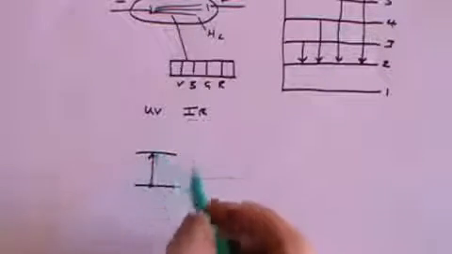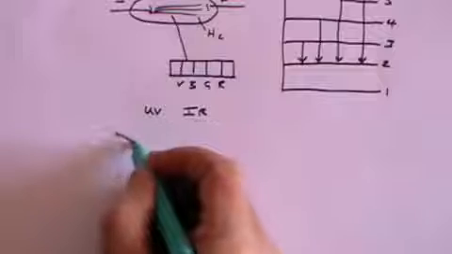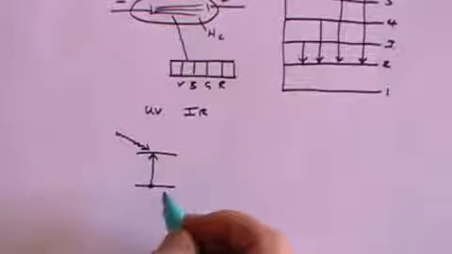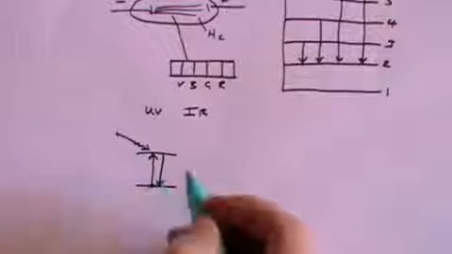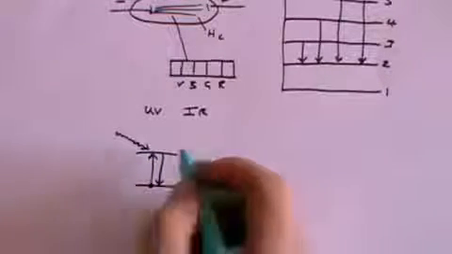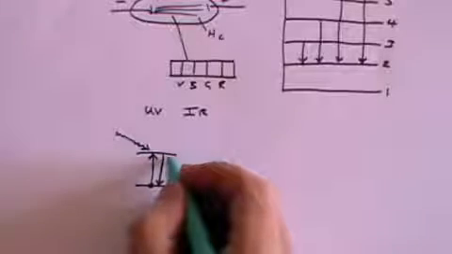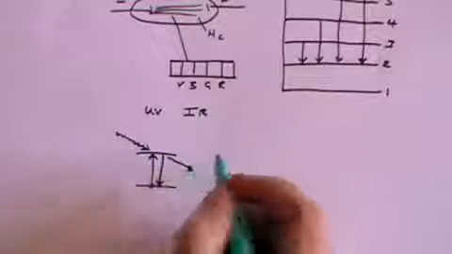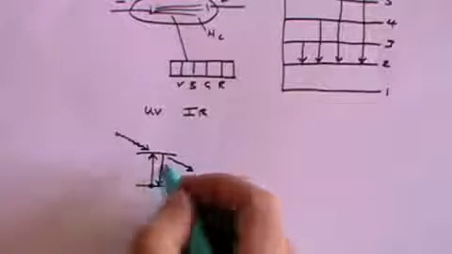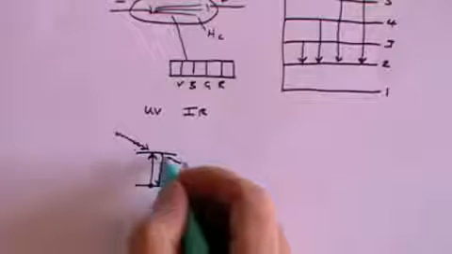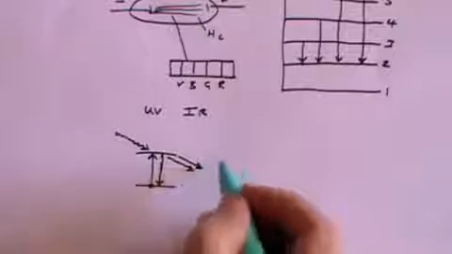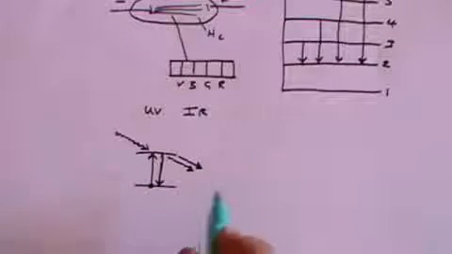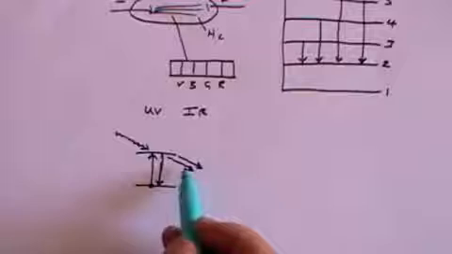Now, whilst it's at a higher level, if a photon comes in and hits it, then what will happen is the electron will be driven back down to its lower state, but the original photon will continue with another photon which will come out as a result of this transition downwards that just happens to be of exactly the same frequency and exactly the same phase.